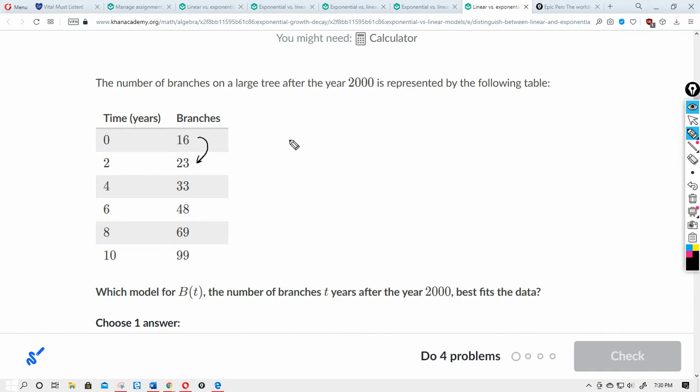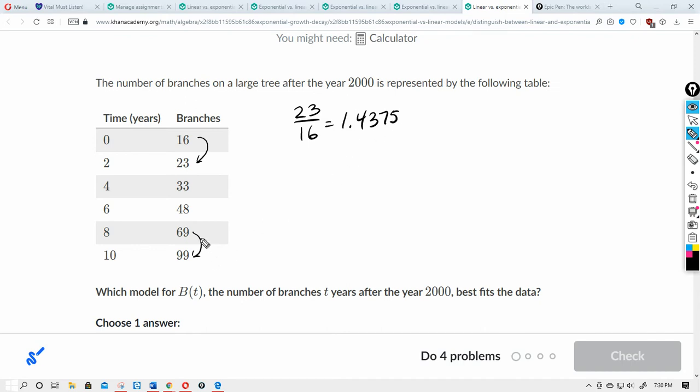So first I'm going to start with 23 divided by 16. And really you can do this for any two. Like you could also do 99 divided by 69. It's going to be about the same thing. But if we do 23 divided by 16, I get 1.4375.